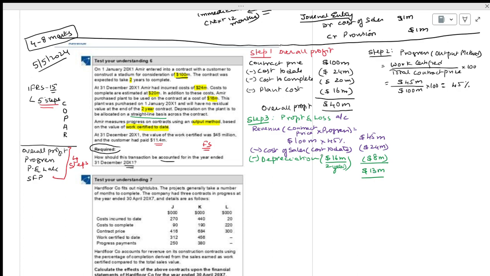Check again. This is the profit during the year. The first one is overall profit. The third one is profit during the year.